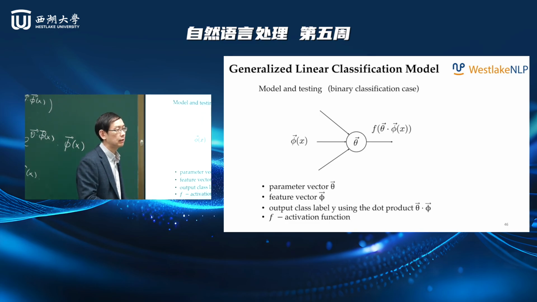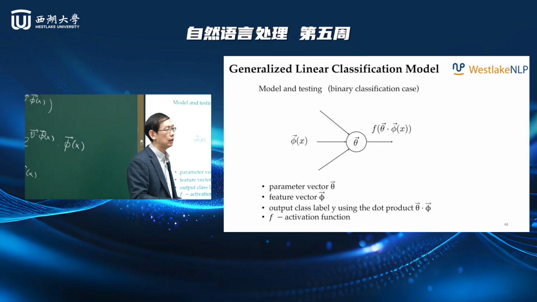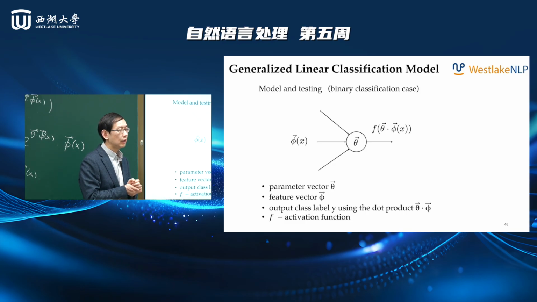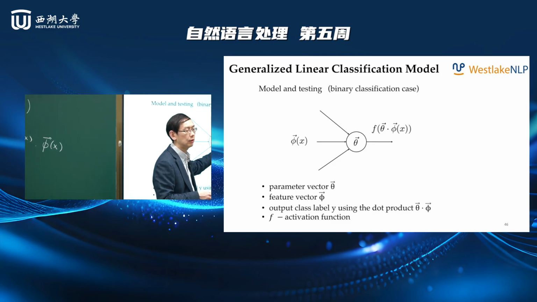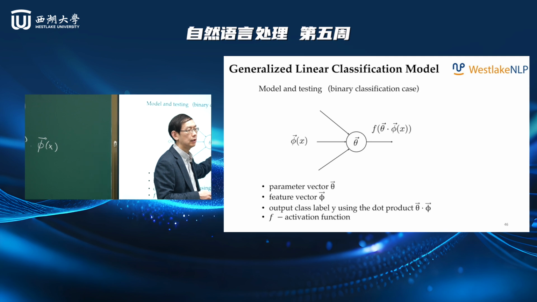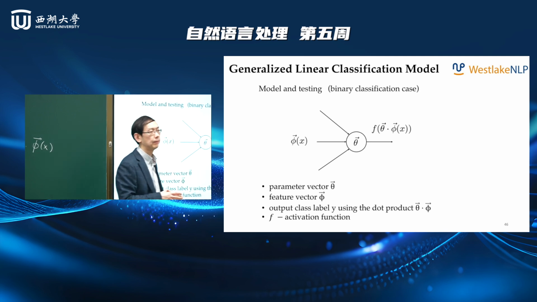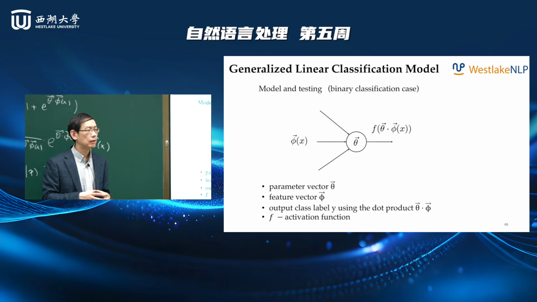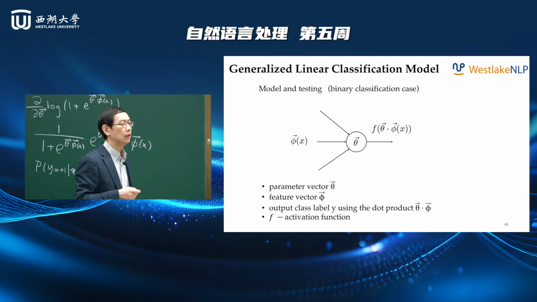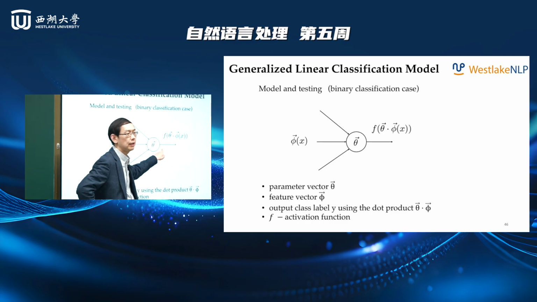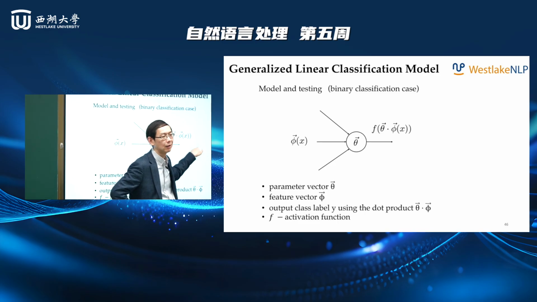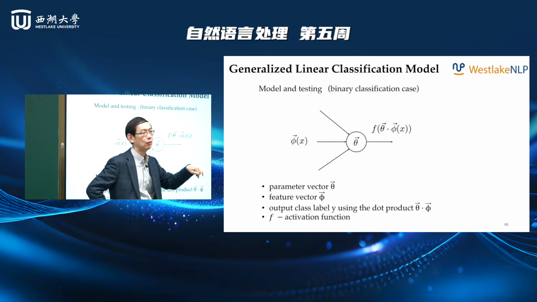In the end, I pass this vector into the model parameter theta, and I calculate f of theta dot phi. For binary classification, this f is a sigmoid function. When this value is more than 0.5, you can think of the output as being activated, since it's closer to 1.